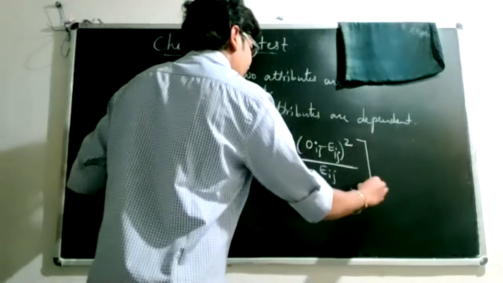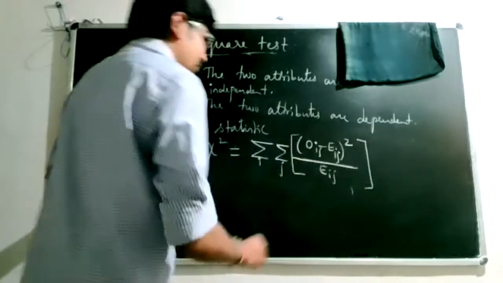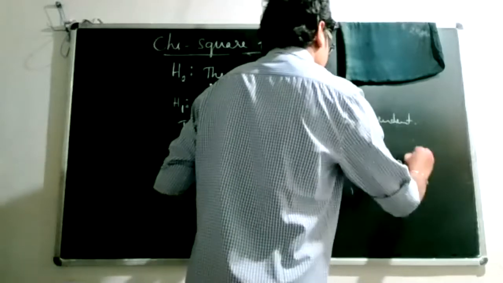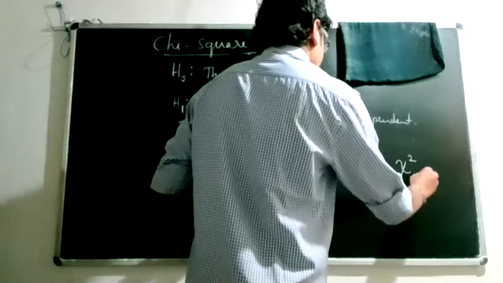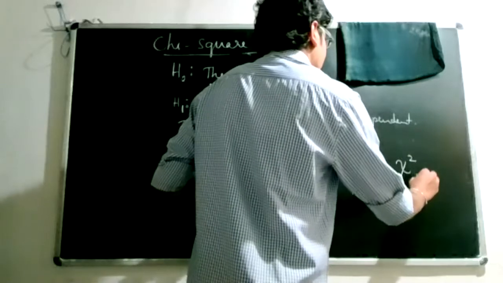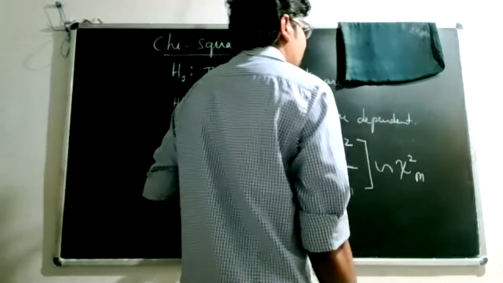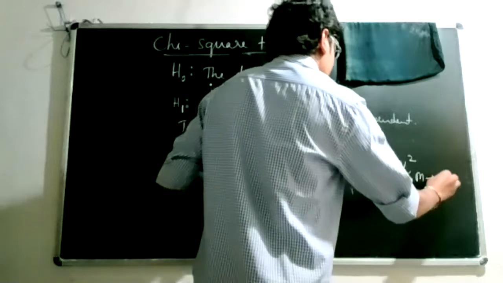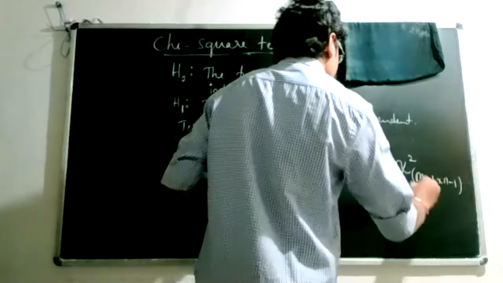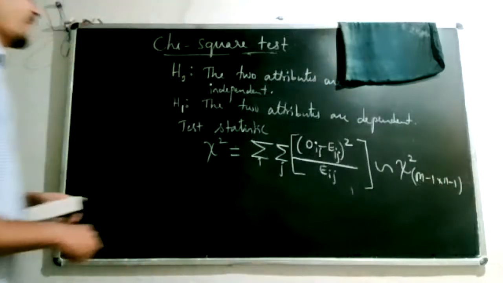The square is only for the numerator, and this follows chi-square with (m minus 1) into (n minus 1) degrees of freedom.